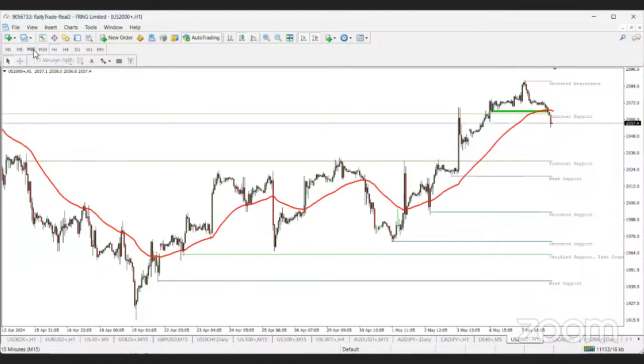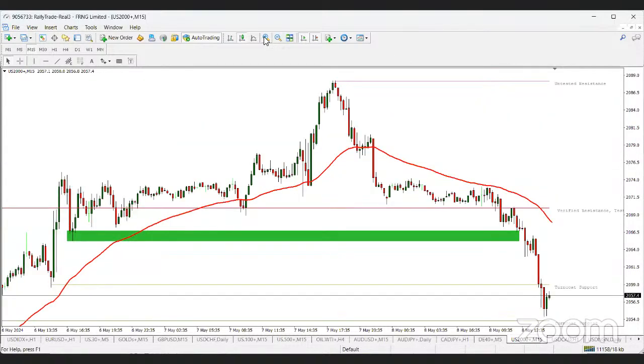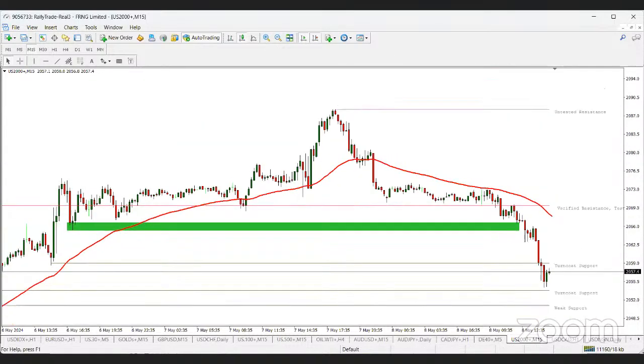Now, it seems like price has broken through, and it's very likely that we might get a continued sell on US 2000. But another important thing is, where is the best place to look out for a sell from?